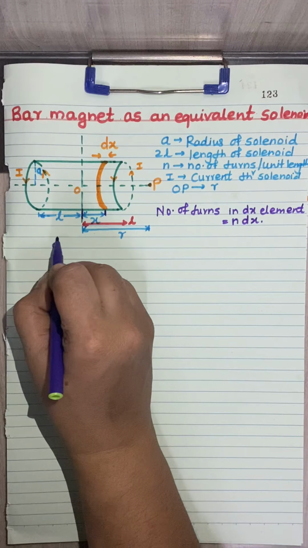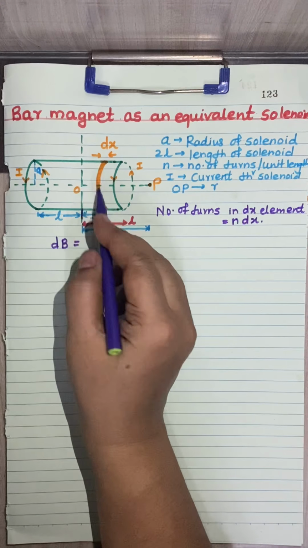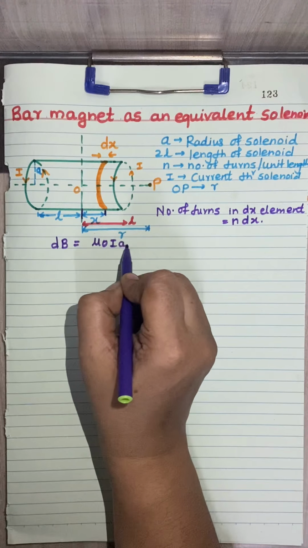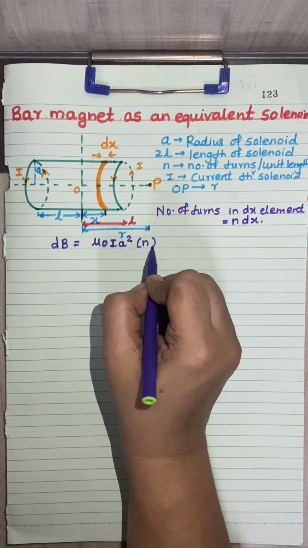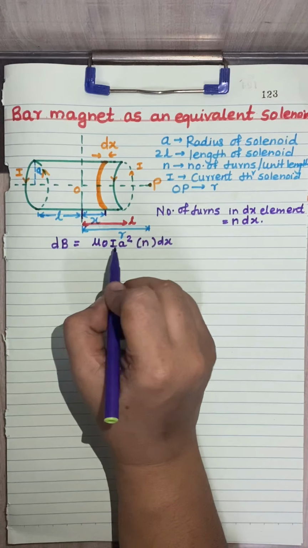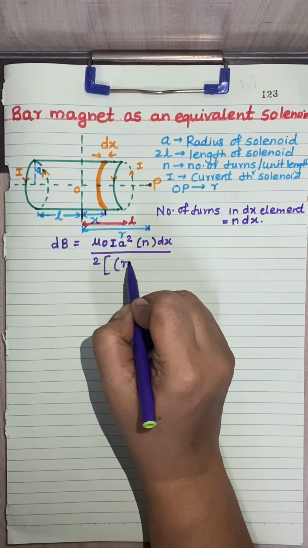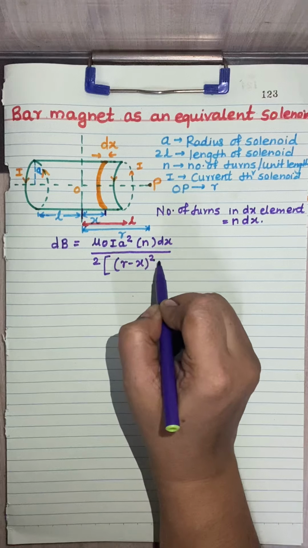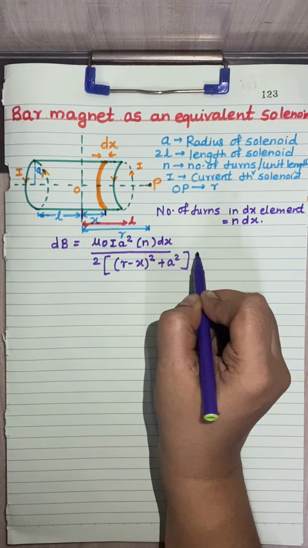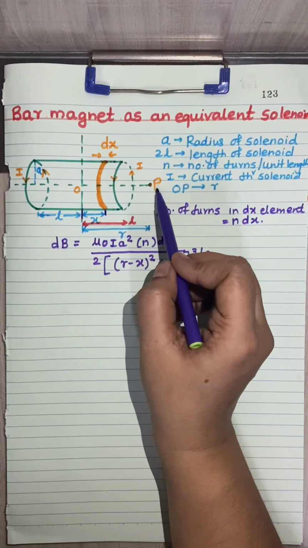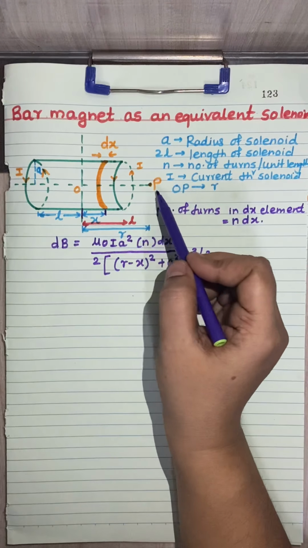So I'll directly write down here: dB, the magnetic field due to this particular current element, is mu naught I a square into n dx, where n dx is the total number of turns in the dx element, divided by 2 into (R minus x) whole square plus a square, raised to 3 by 2. This was the basic expression we got for a circular current carrying conductor producing the magnetic field at a point P on the axial line. We have studied this.